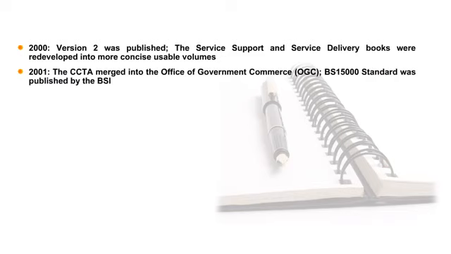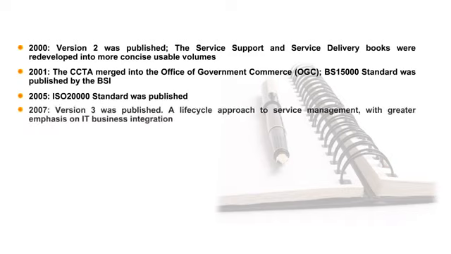In the year 2001, the CCTA merged into the Office of Government Commerce, OGC. BS 15000 standard was published by the BSI. In the year 2005, ISO 20000 standard was published to complement the framework.